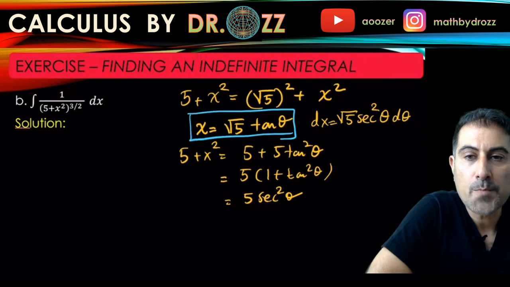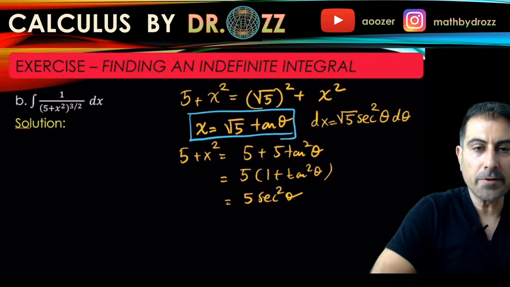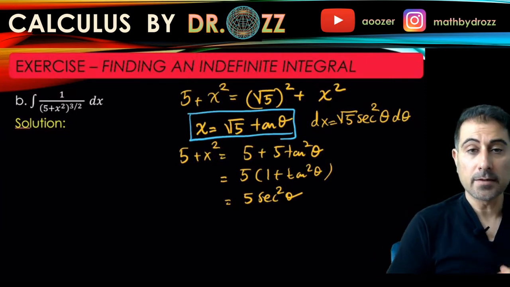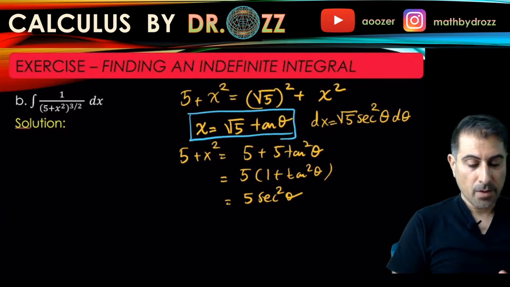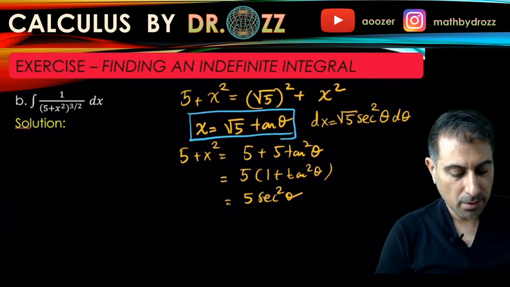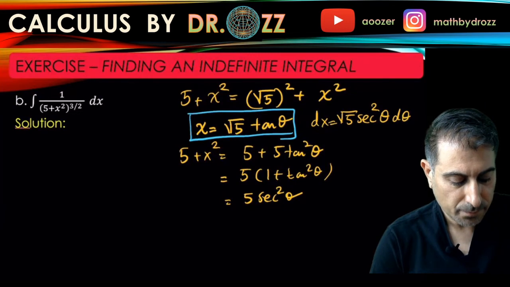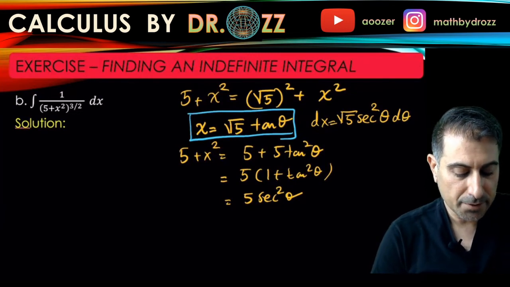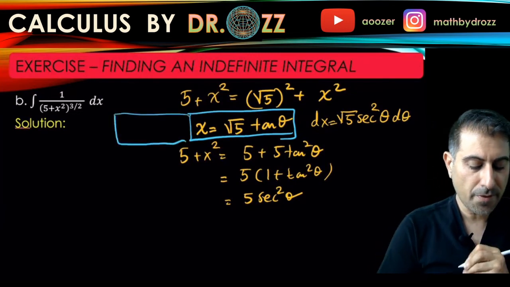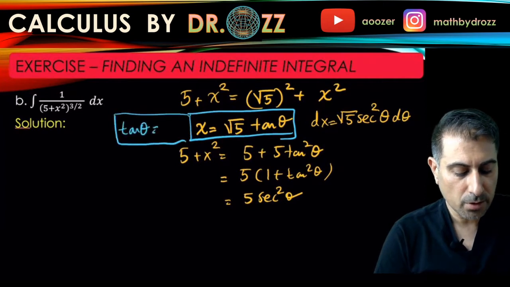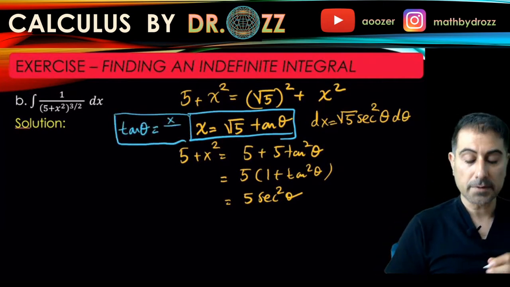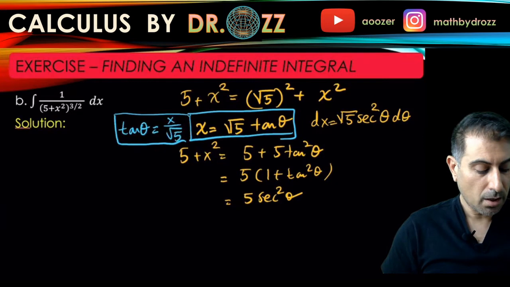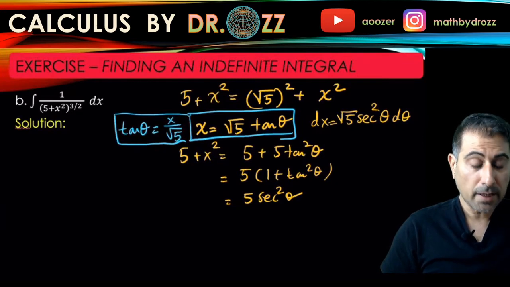I think we have all the ingredients except the triangle. For the triangle, all I need is tangent theta, which is x over radical 5. I'm going to go ahead and draw the right triangle.